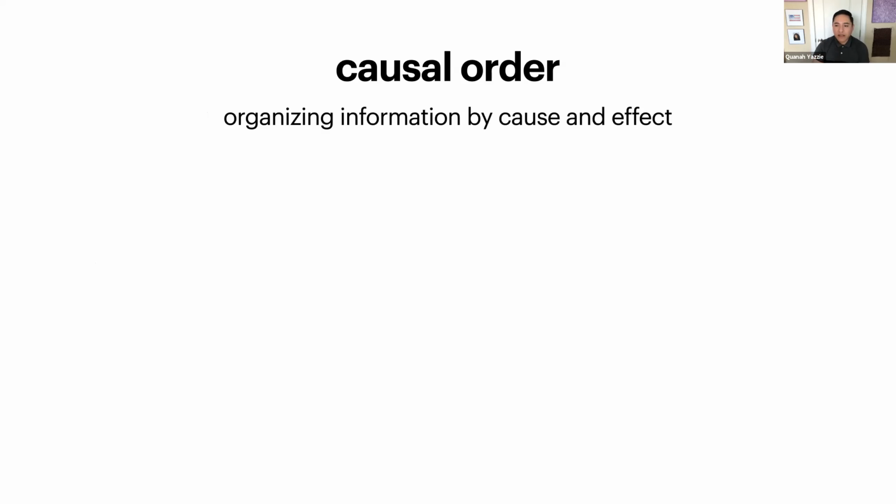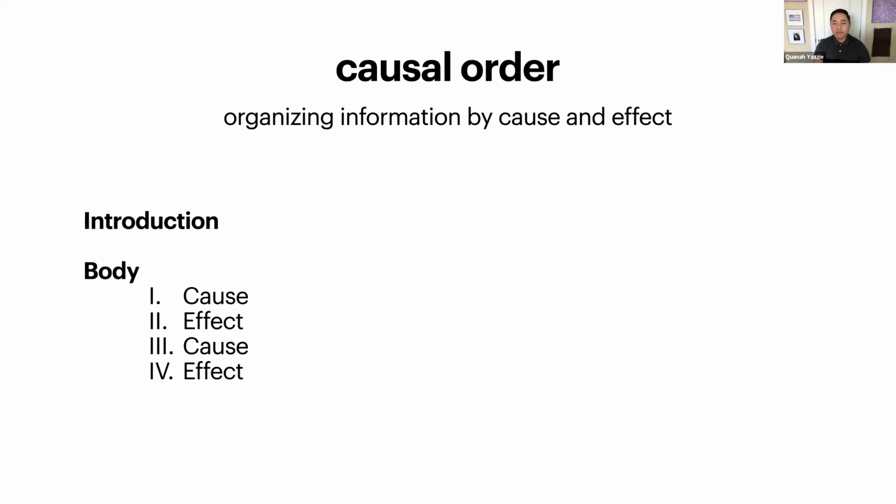And then the next one is causal order. This one is cause and effect, organizing information by cause and effect. This one's also very common. We always fall into cause and effect essays and stuff like that. So cause and effect is basically organizing information by cause, and then immediately after, effect, cause, effect, cause, effect, as many times as you want, all the way to the conclusion.